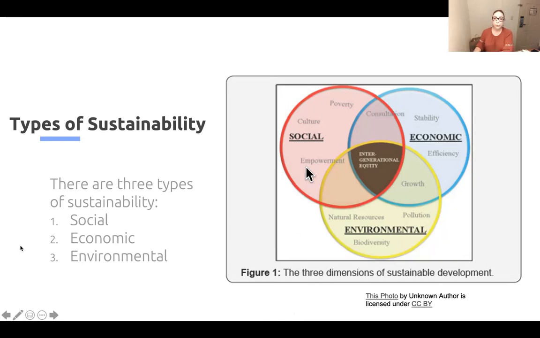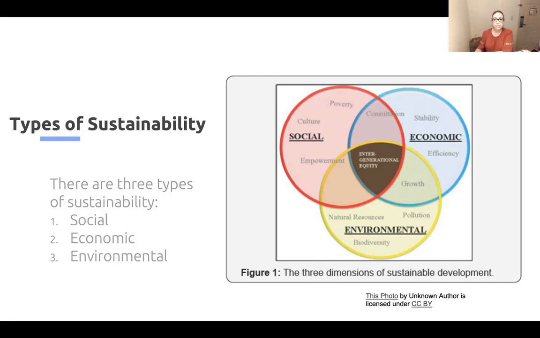Hopefully you can see my cursor on the screen, but we have social sustainability, which has to do with poverty, and we call that environmental equity. There are also cultural needs that fall into this realm, and empowerment, meaning that people or groups of people can advocate for themselves.